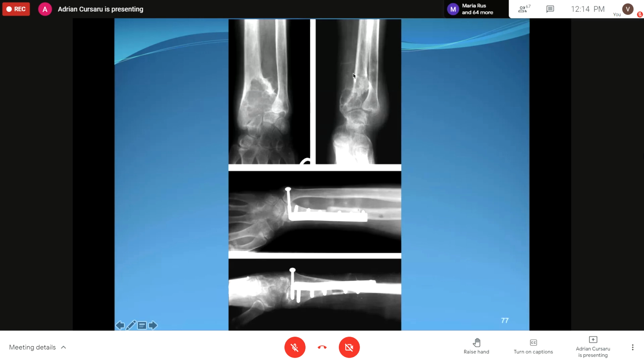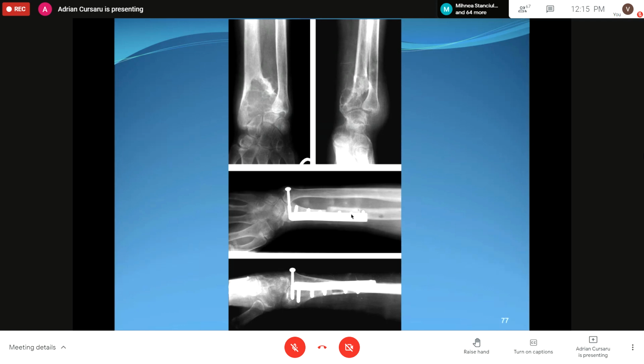You can see here the arched structure of the periosteum, and then we made a resection here, and we put a graft here and stabilized that graft with a plate and screws.